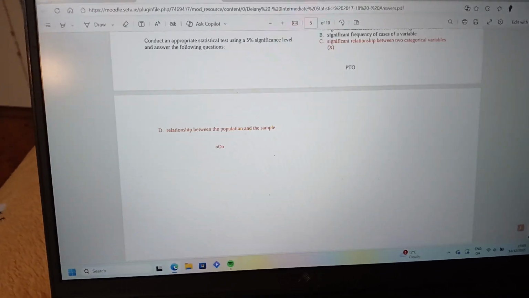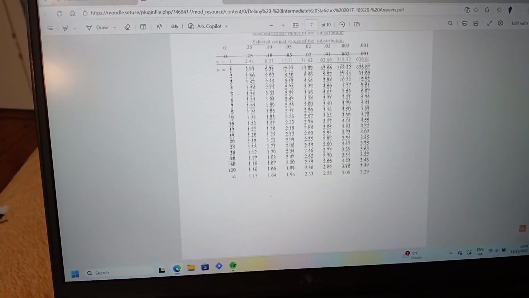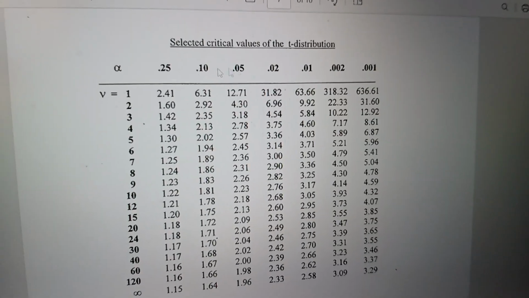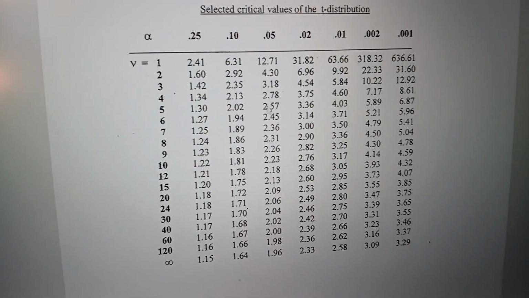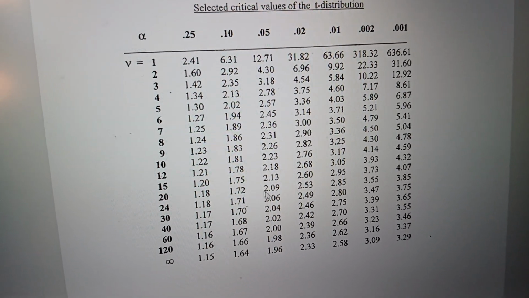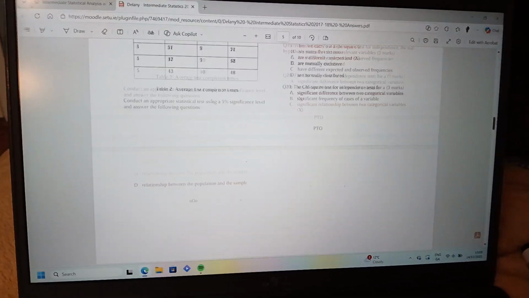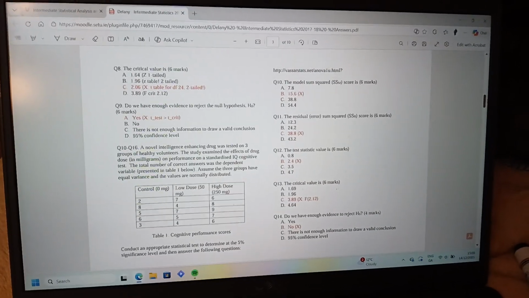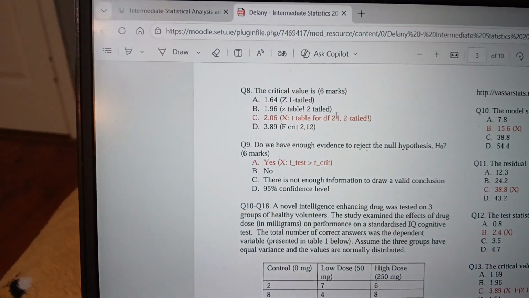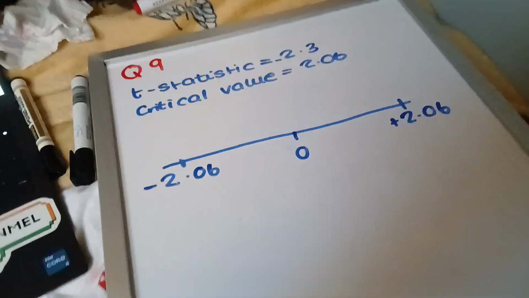We find 24, and then we go over to 0.05, and it should be 2.06. Let me just check if that's correct. Question 8. Yeah, 2.06, that's the right answer. So that is your critical value.